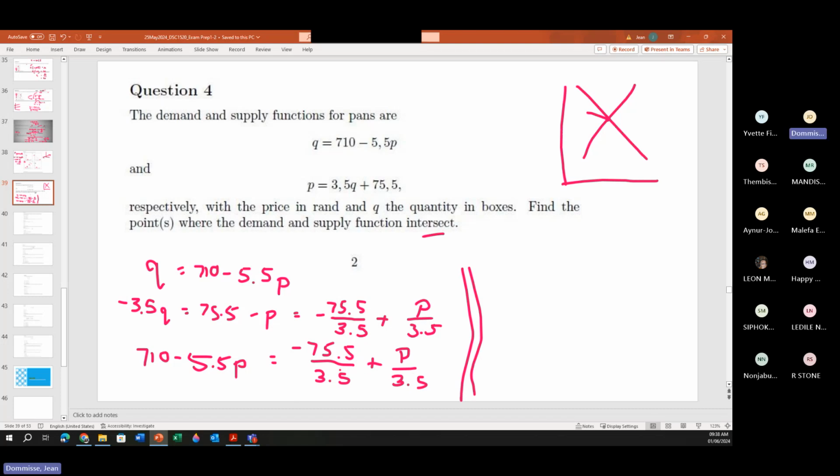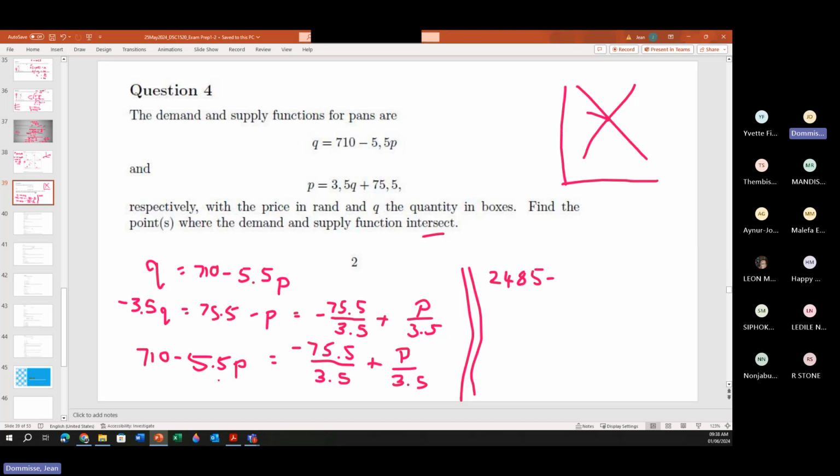So I would probably have said, let's multiply by 3.5 straight through first to get 710 times 3.5. That is 2485.